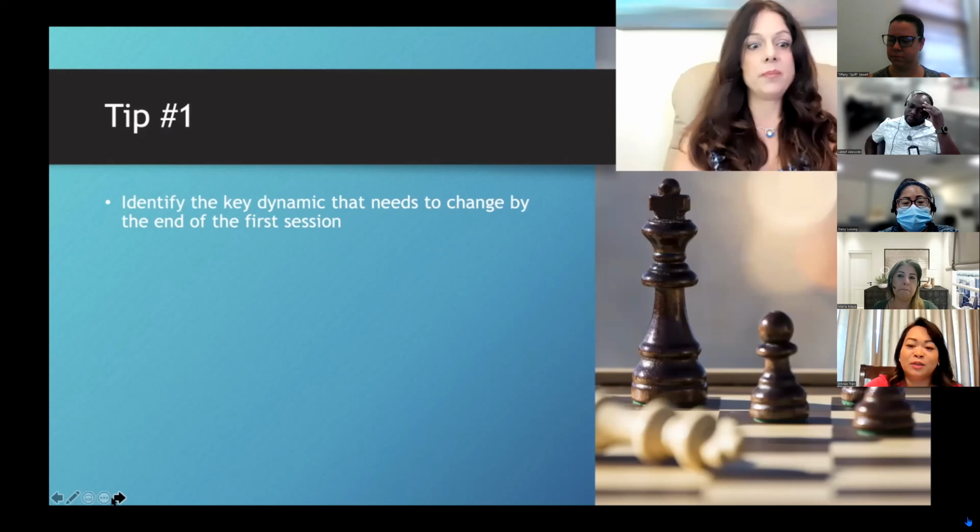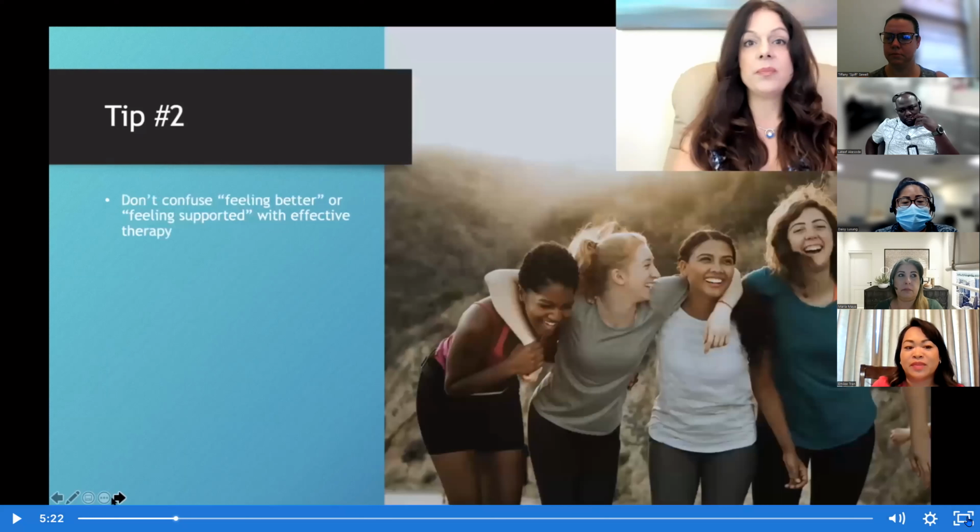I've had some failed moments, I can say that. And this is how I'm seeing the connection: in the first session, if you're not building that alliance and that empathy with the clients, they're not going to disclose what's going on. They're not going to want to be upfront with you.